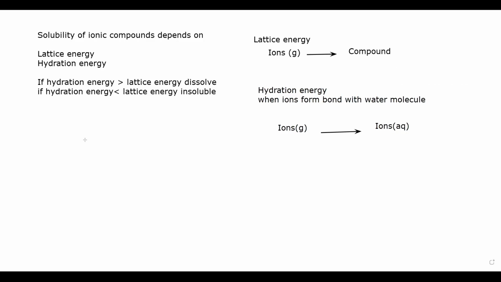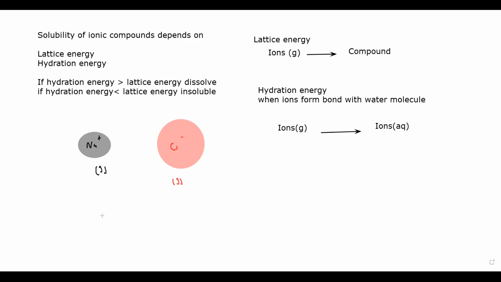So for example, you have a sodium ion which is positive and it is in a gaseous state, and you have a chloride ion which is negative and it is also in a gaseous state. So what happens when these ions come closer to each other?